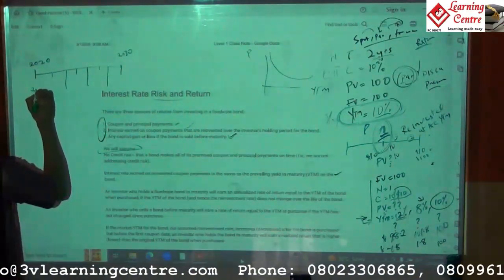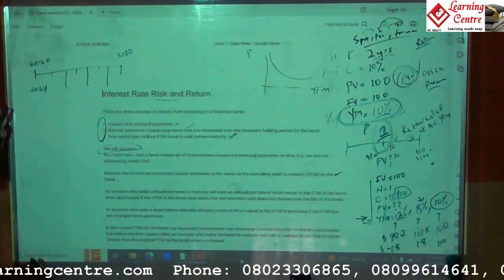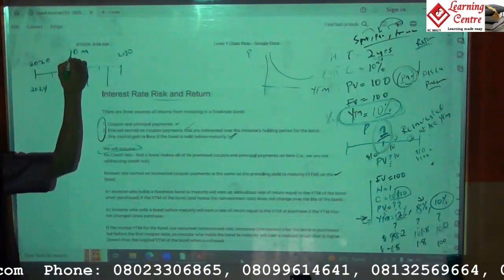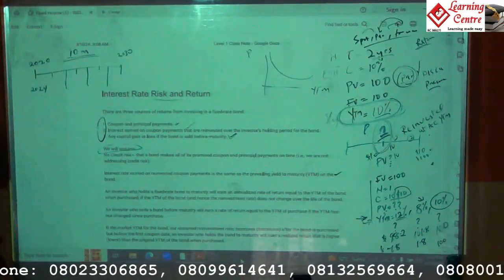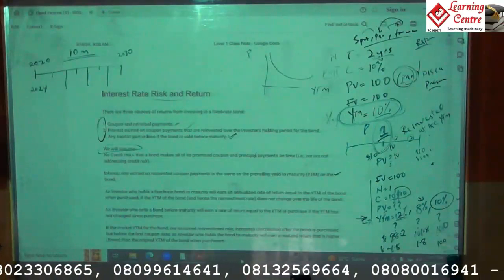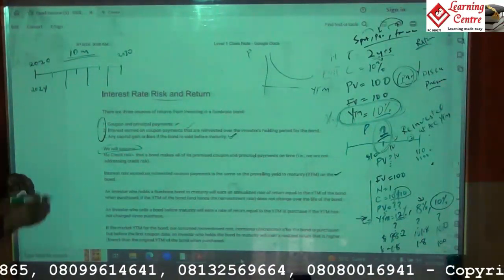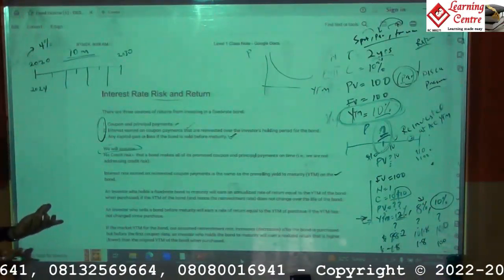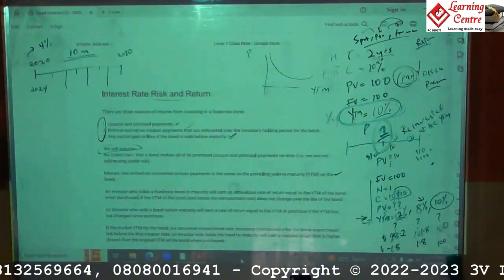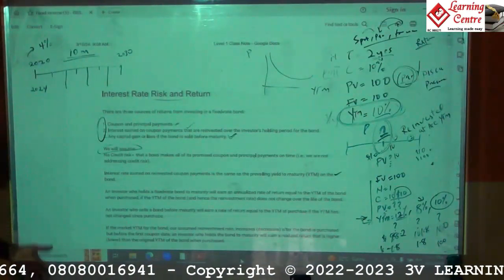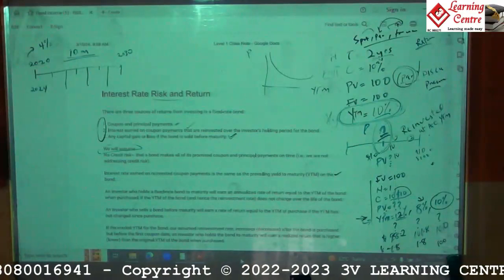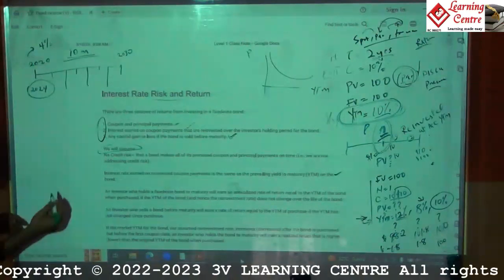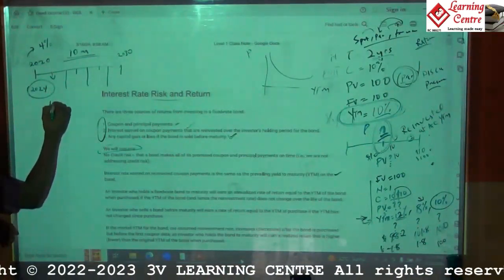Now you're in 2024, and you're collecting maybe a coupon of 10 million. The coupon goes to your account for you to invest. If the rate was low, say 4%, that's what you could get. You ask people around, I have 10 million to invest. That's the YTM. That's a huge market. But now, in 2024, you have money to invest and you can squeeze your bank, and the bank will give you as much as 19%.